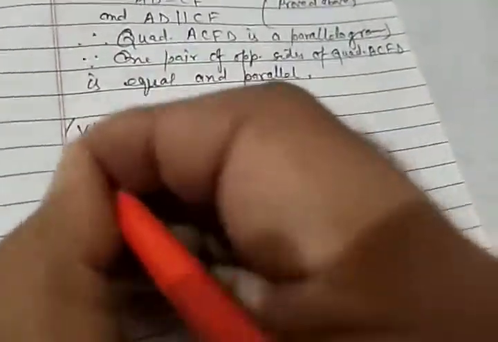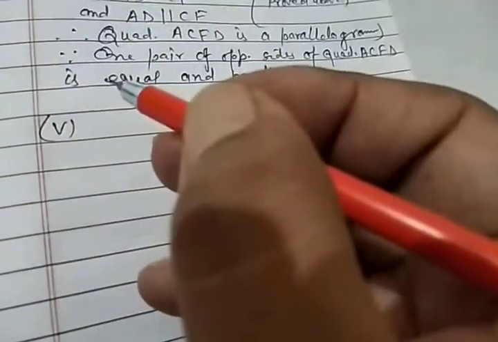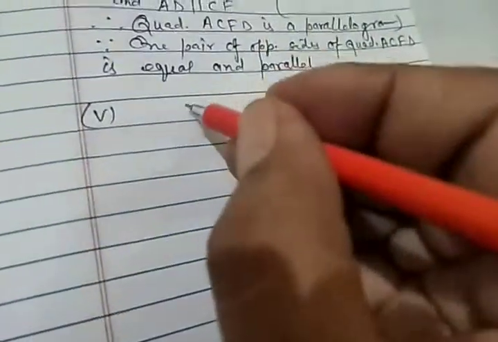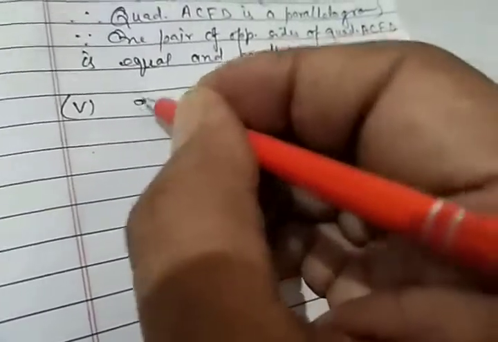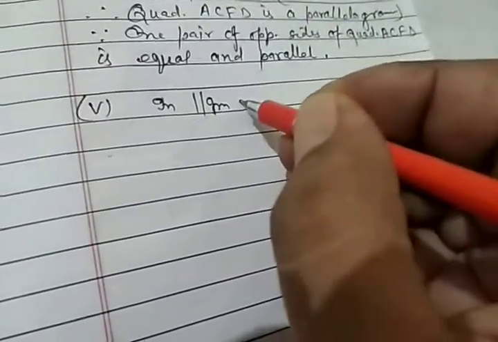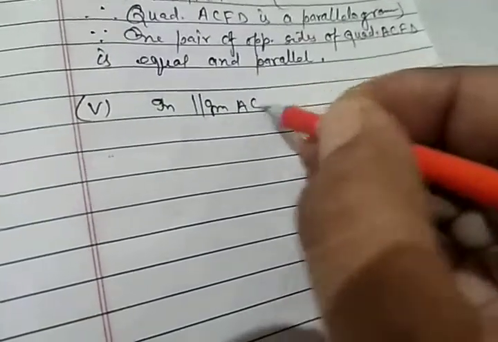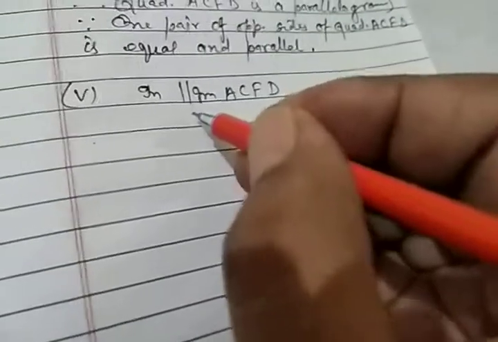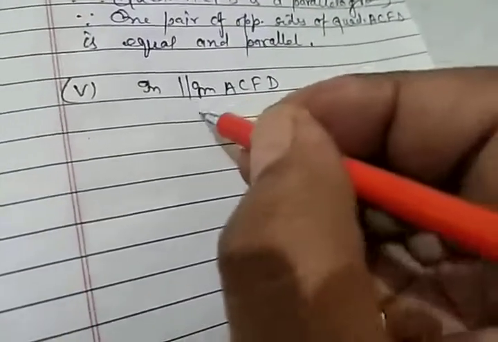Now see fifth part, AC equal DF. See, in the same quadrilateral, same parallelogram ACFD, you have to prove AC equal DF.